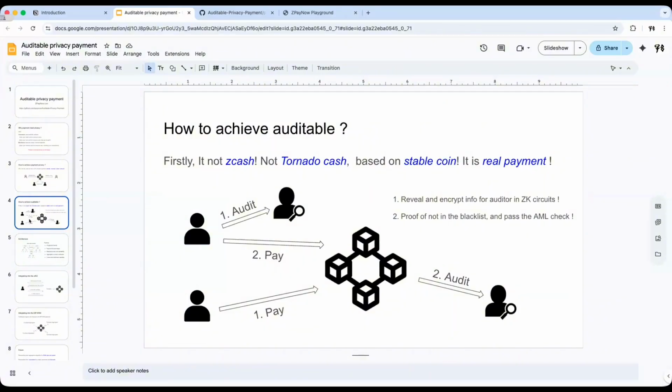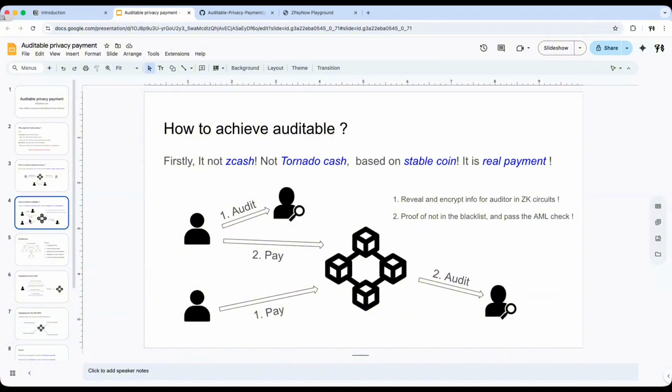So how can we achieve auditability? We have two methods. Firstly, before we send the transaction, we need to pass the auditor checking. We send the transaction to the auditor and then send it to the blockchain. Another way is that we send the transaction on chain, and we have already encrypted the information in the transaction.